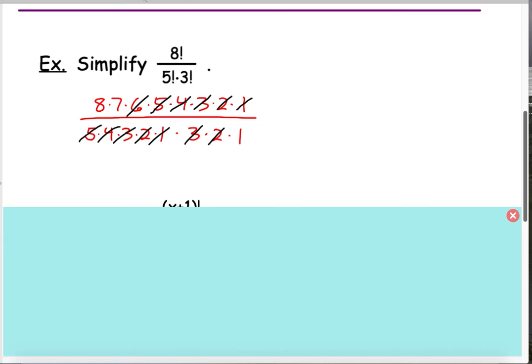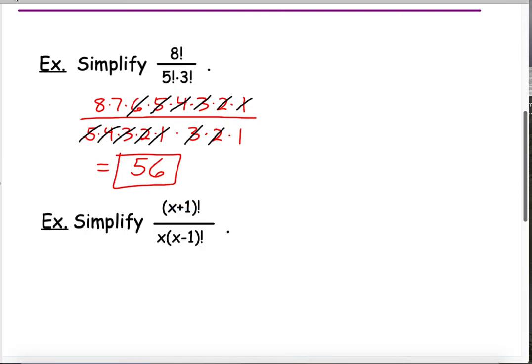So all I'm left with is 8 times 7 on top and 1 on the bottom. So all of that simplifies to 56. No calculator needed. Now calculators do have a factorial button, so that does come in useful on your graphing calculator, but we didn't really need it for that. And it's important to be able to do this without a calculator, because then we get to the next expression.